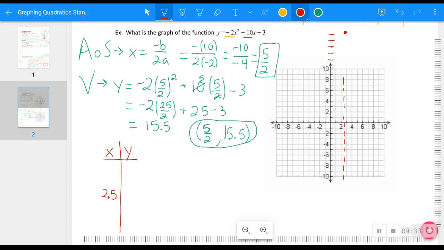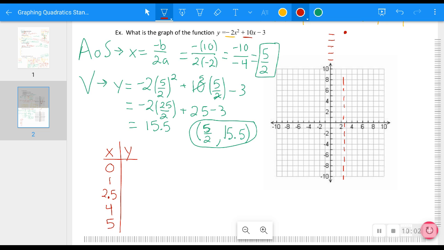So we can just plug in 1 and 0 on either side of it, and then, because we went all the way to 1, we'll go the same amount away. So we'll go to 4 and then 5.